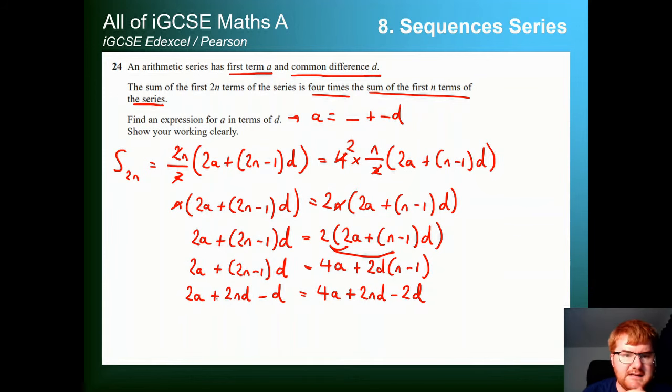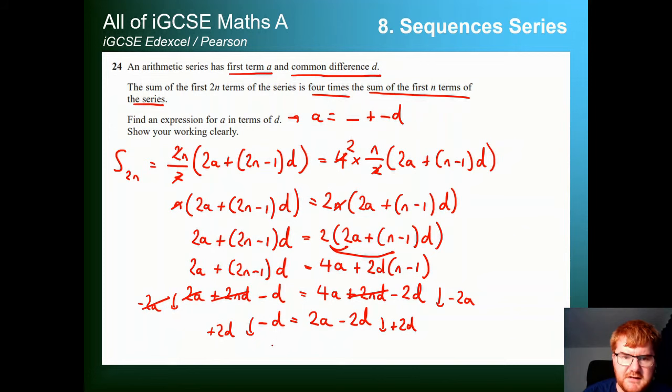Okay, so we can at least cancel the 2nd on both sides. We can minus 2a now from both sides. So we're left with minus d is equal to 2a minus 2d.